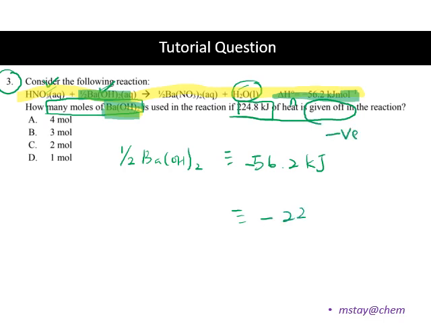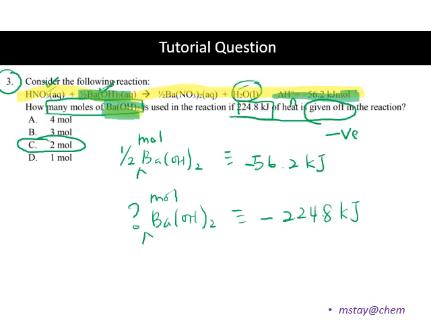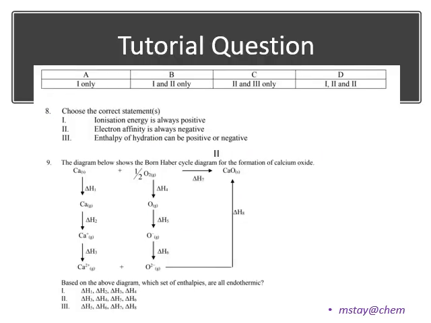So how many moles of barium hydroxide are used? If you want to determine this, press the calculator and you will get 2 mole, by using the crossover multiplication method.